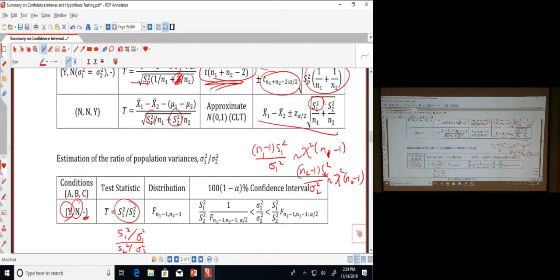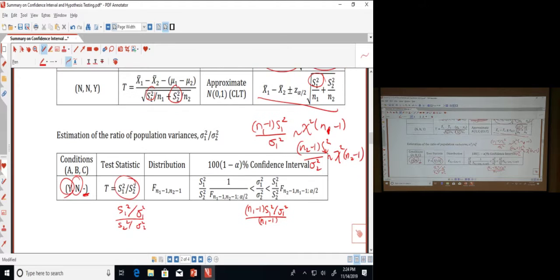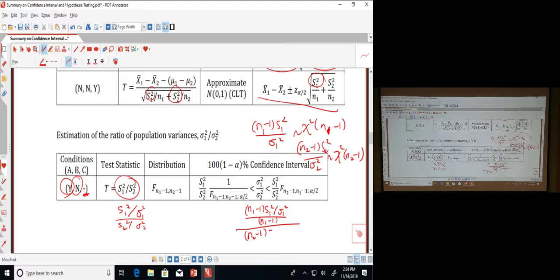Does the ratio of these two follow a chi-square distribution? Does it follow an F distribution? No. You have to divide by the degrees of freedom. So it's n1 minus 1 S1 square over sigma 1 square divided by n1 minus 1, the whole thing over n2 minus 1 S2 square over sigma 2 square divided by n2 minus 1.